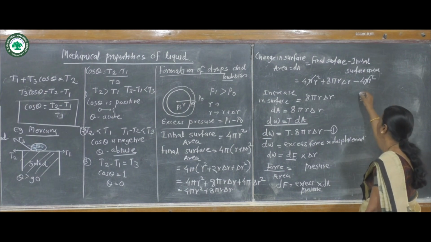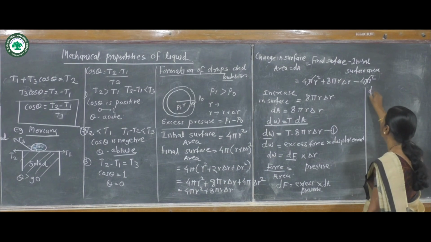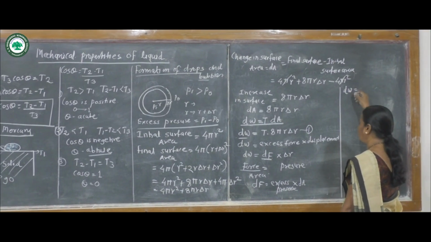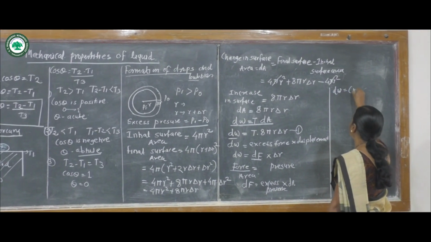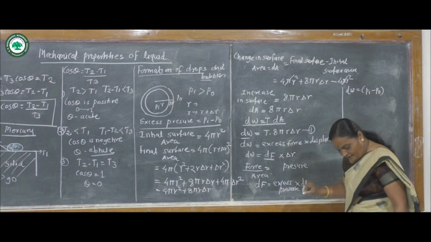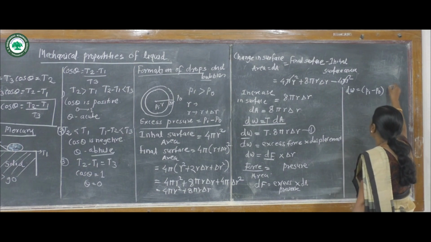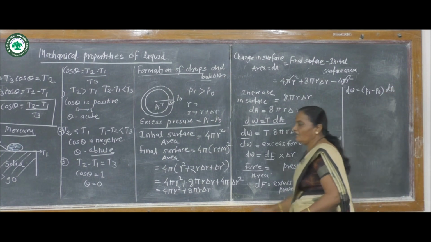Here we can write dW is equal to excess pressure, which is Pi minus P0, multiplied by the increase in area, dA.